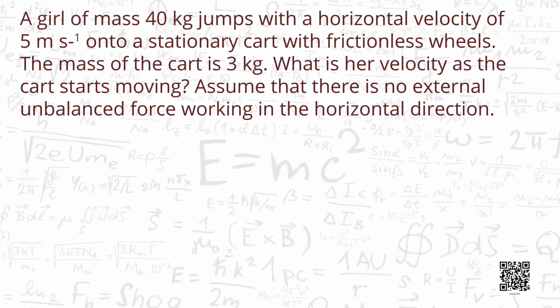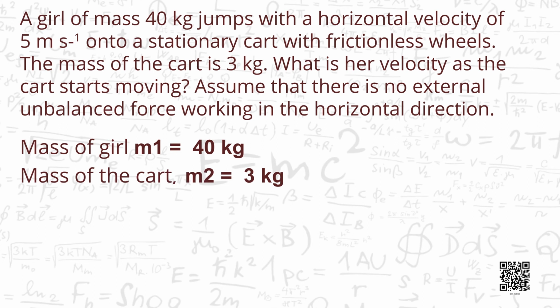So students, here we have a case where the girl jumps on the cart. First of all, let us write down the mass of the girl, let it be m1 is equal to 40 kg, and she is jumping on the cart. Let the mass of the cart m2 is equal to 3 kg.